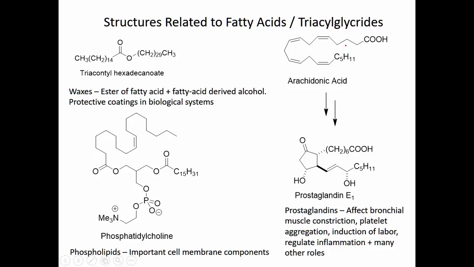Okay, so here's a common acid, arachidonic acid, and it goes through a rather interesting series of biological transformations in the presence of oxygen into a prostaglandin. Prostaglandins affect a lot of properties like bronchial constriction, platelet aggregation, induction of labor, and they regulate inflammation and many other roles.